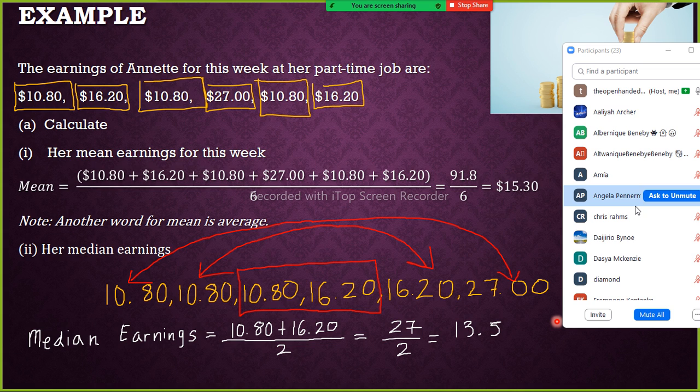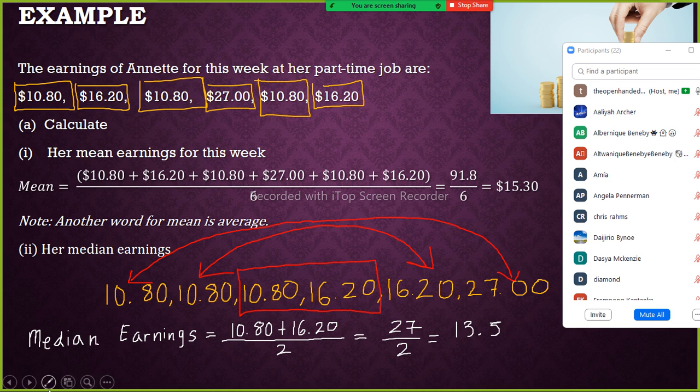Oh, we haven't done that yet. All right, so that's median.